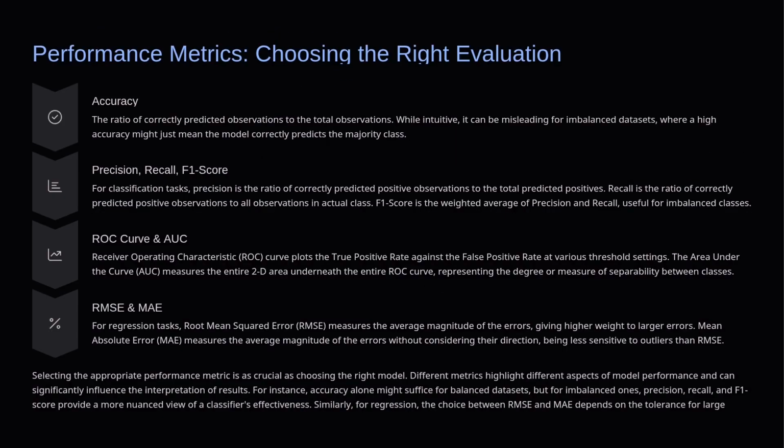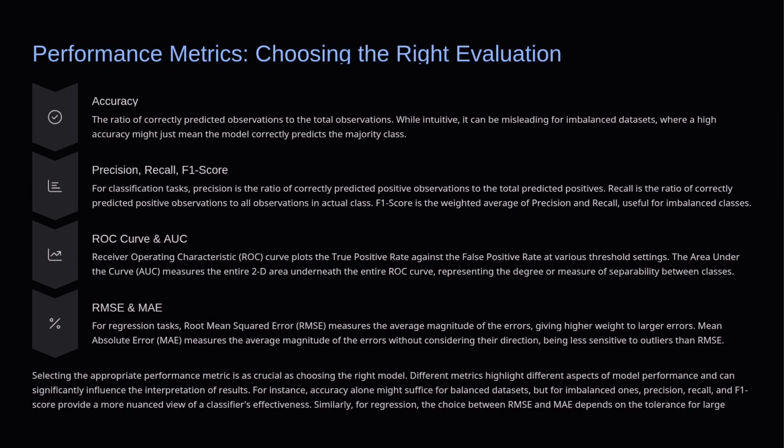So let's talk about performance metrics, and how to choose the right evaluation. Choosing a performance metric is just as important as choosing a model. Accuracy works for balanced datasets but can be misleading when classes are imbalanced. Precision, recall and F1 score give deeper insights, especially when false positives and false negatives are costly.